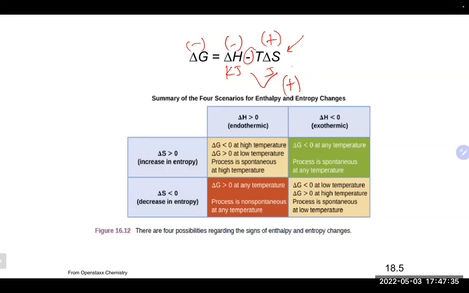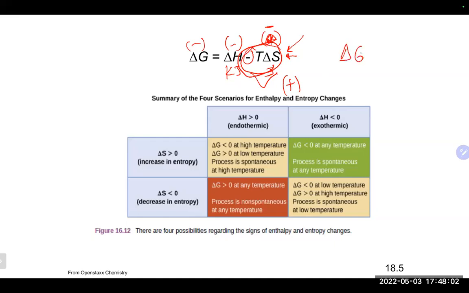Last combination would be a negative H and a negative S. That negative, once again, is going to turn the back part of it here positive. So at low temperatures, we will still end up with a negative number. At higher temperatures, we could potentially get this part of the equation to be larger and turn it into a positive number.